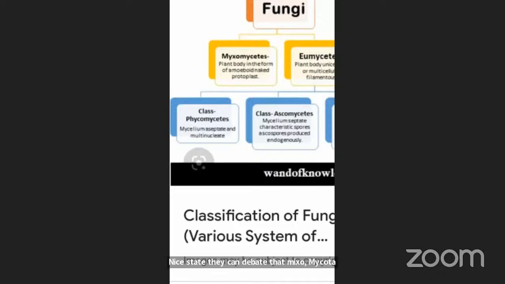Myxomycota are mainly the Plasmodiophorales, the slime molds, which have no particular structure, just the plasmodium structure. Eumycota you can divide into five subdivisions: Mastigomycotina, Zygomycotina, Ascomycotina, Basidiomycotina, Deuteromycotina.